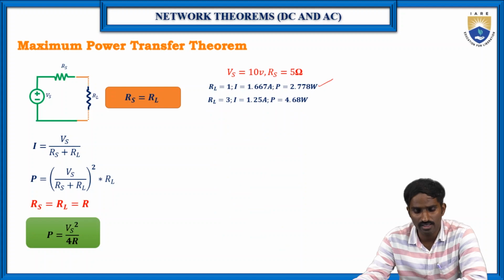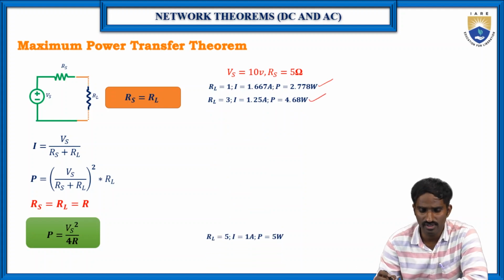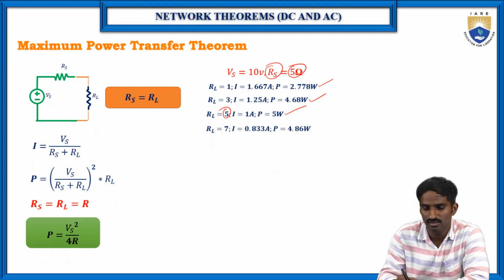When RL is equal to 3 ohms, the power is 4.68 watts. When RL is equal to 5, which is equal to Rs, the power is 5 watts. If RL is equal to 7, the power is again decreasing, and if RL is equal to 9, again the power is decreasing.